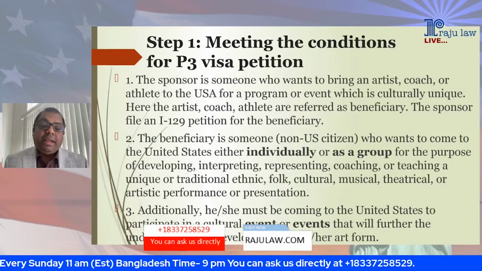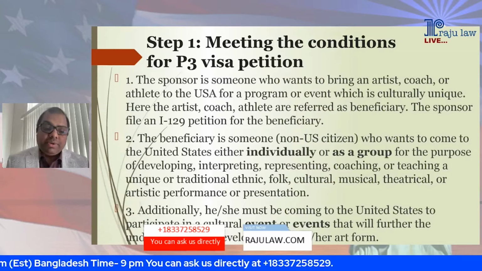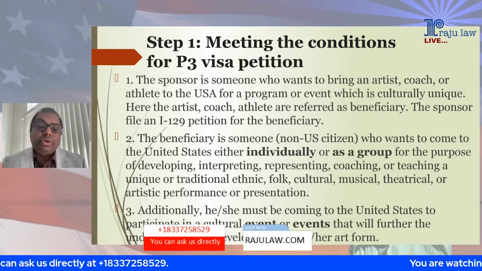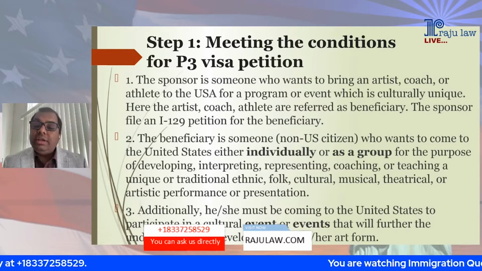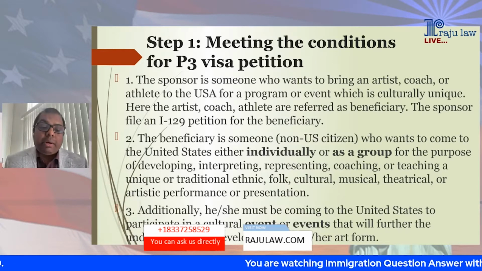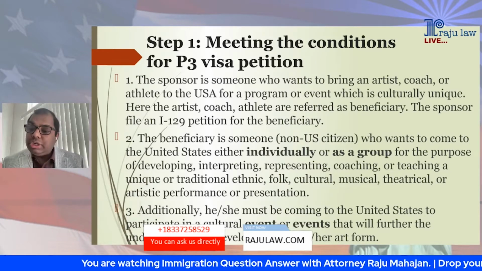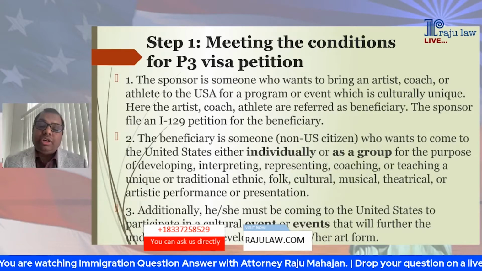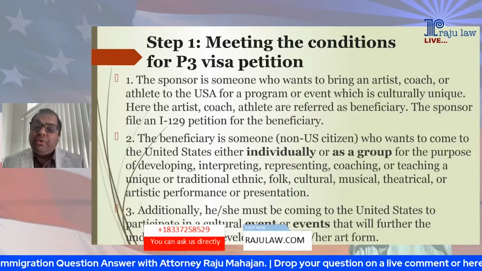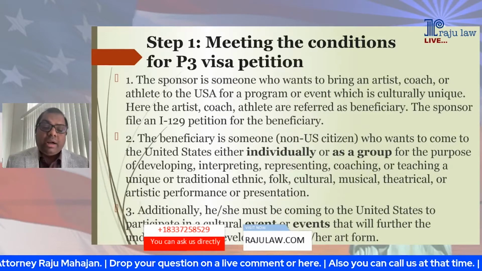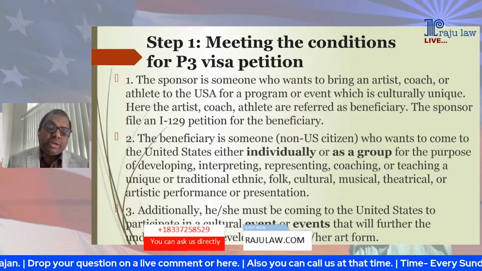The sponsor files an I-129 petition for the beneficiary. The beneficiary is someone, a non-US citizen of course, who wants to come to the United States, either individually or as a group, for the purpose of developing, interpreting, representing, coaching, or teaching a unique or traditional, ethnic, folk, cultural, musical, theatrical, or artistic performance or presentation.